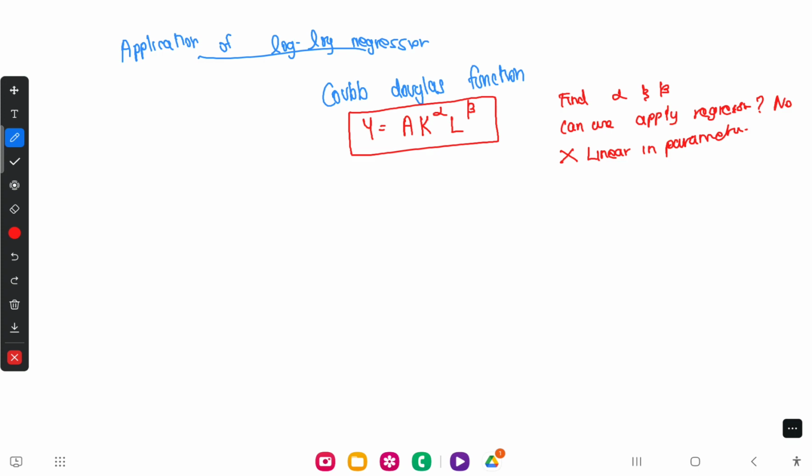So in order to do that, let's take ln on both sides. When it's a regression equation of a population, we have to put the error term as well.